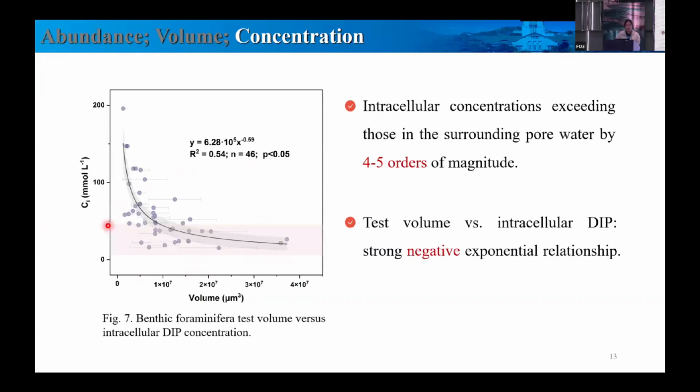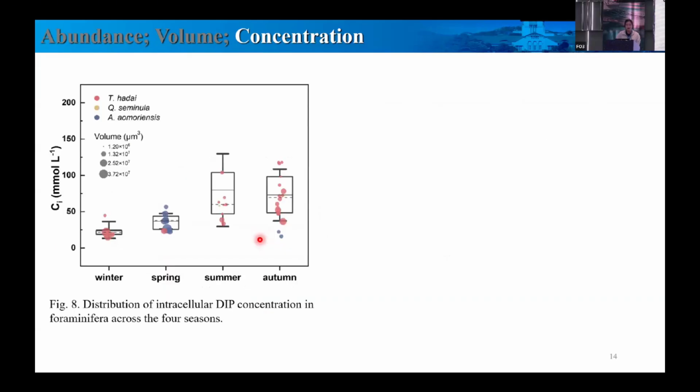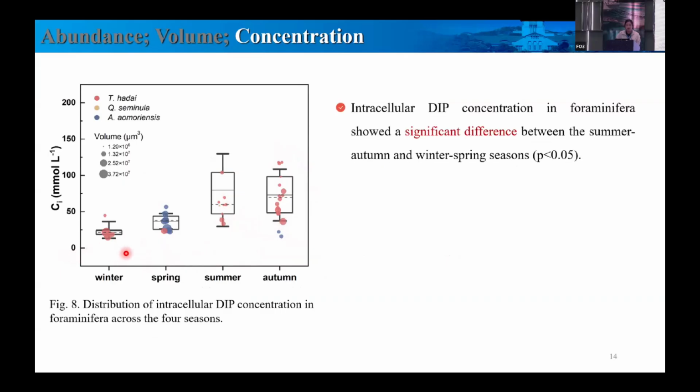When the volume is higher than 10 to the power of 7, the concentration tends to be stable. We divided them into 4 seasons: winter, spring, summer, and autumn. We can see that winter and spring have a different pattern from summer and autumn, and they showed a significant difference.